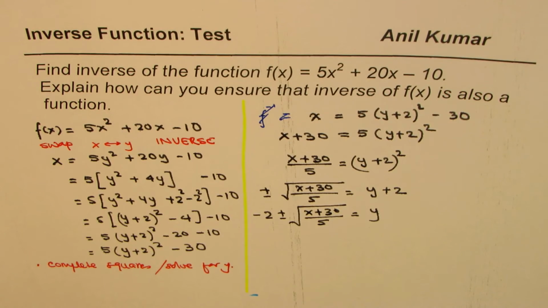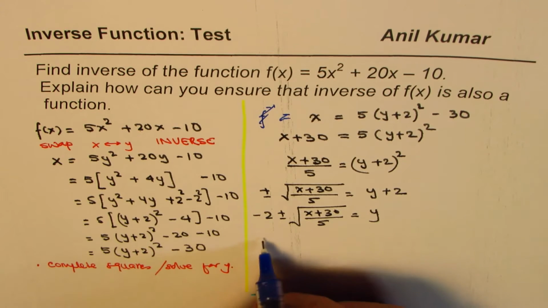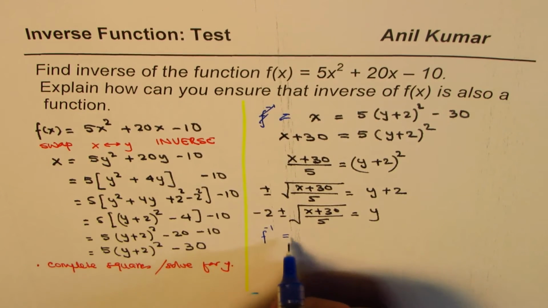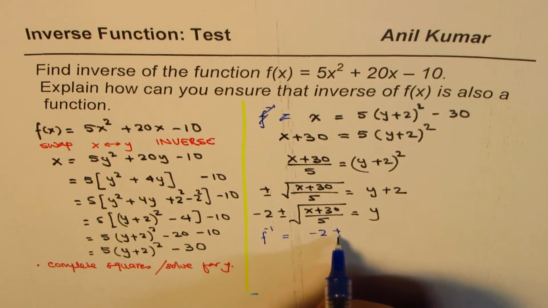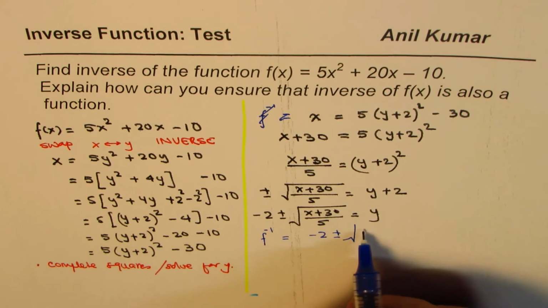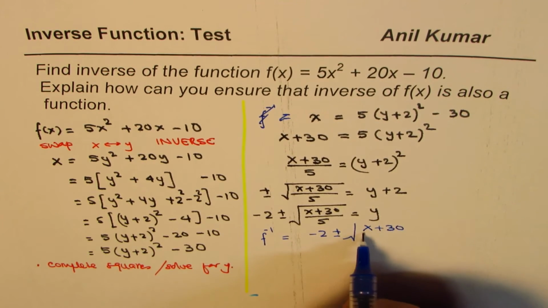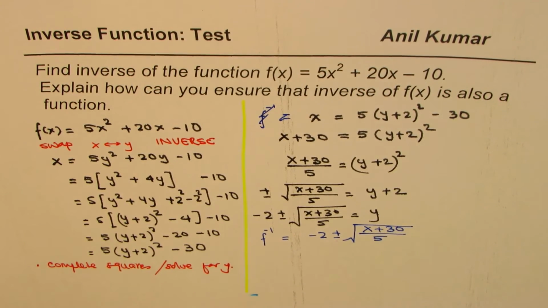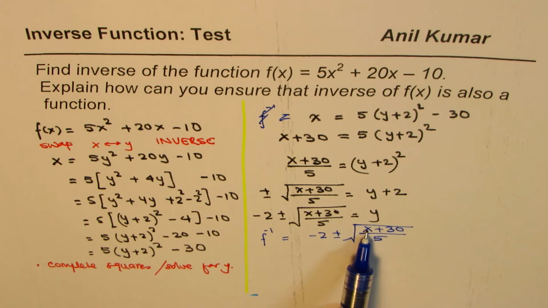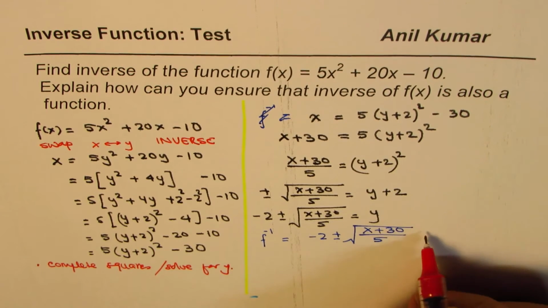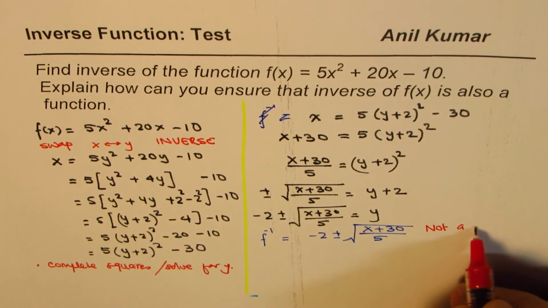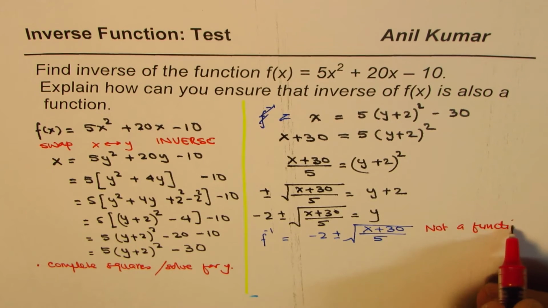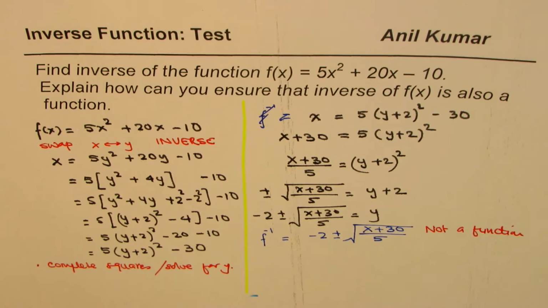So now we can write the inverse of this function, which is f inverse equals minus 2 plus or minus the square root of x plus 30 divided by 5. Now clearly there are two values for each value of x. Therefore this is not a function, right? But this is what you get, right?